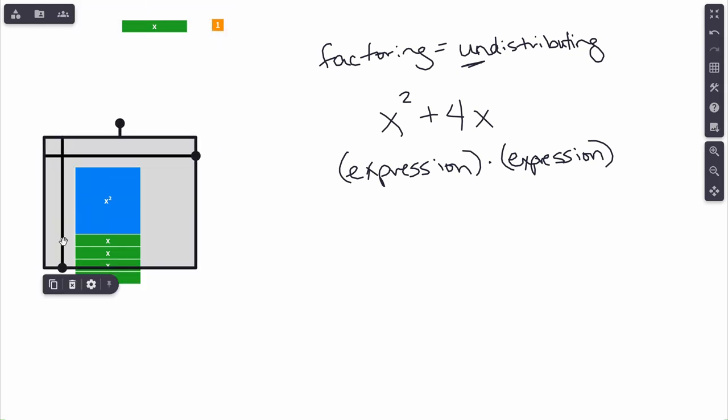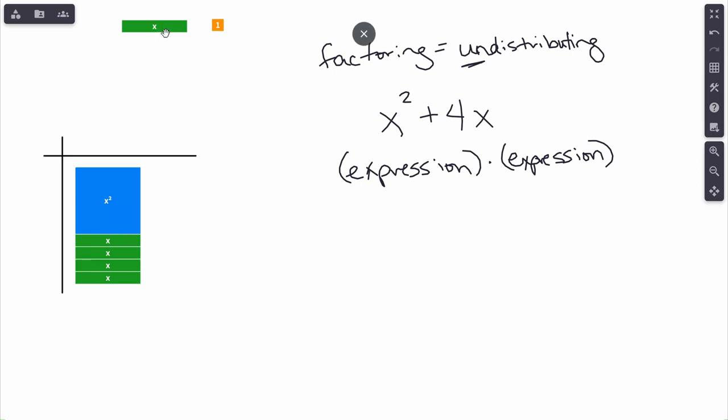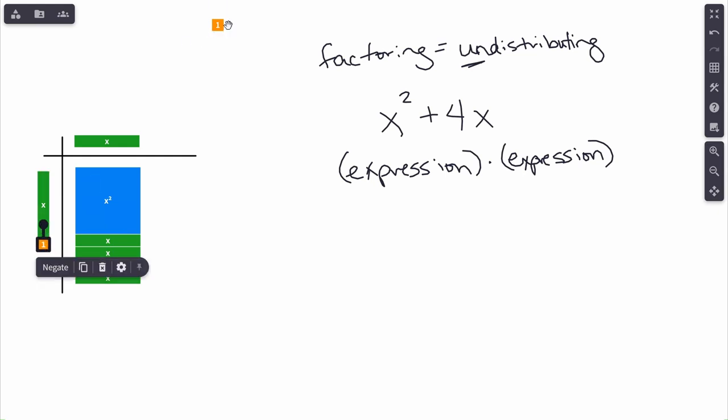What does that rectangle say? Let's make this a little bit bigger. What I have with this rectangle is an x along the top and an x plus 4 more along the sides. So it's x plus 4 tall and x wide, and you can see that here.